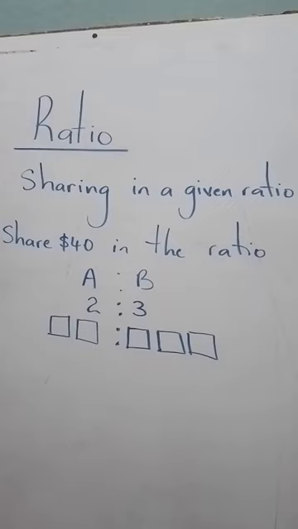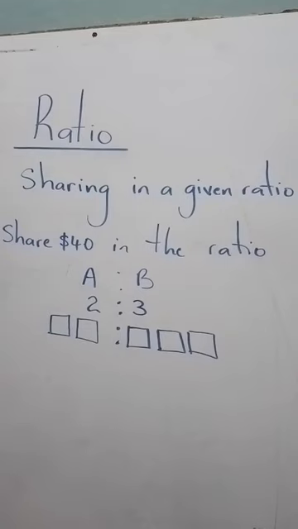Now, let's see what we're sharing. They say share $40. Common question, ratio question. We're sharing $40. If I should share $40 for A and B, the sharing doesn't mean A and B get the same amount. It says A should get 2 equal parts of the sharing and B should get 3 equal parts. The concept of equality allows us to do this.